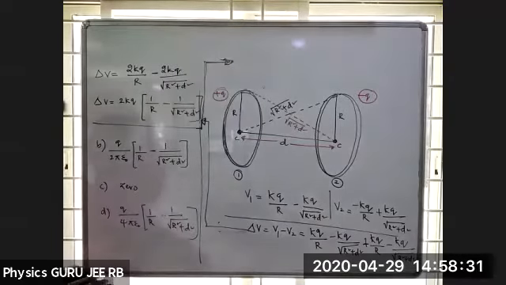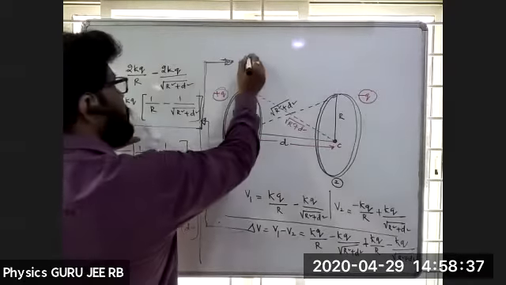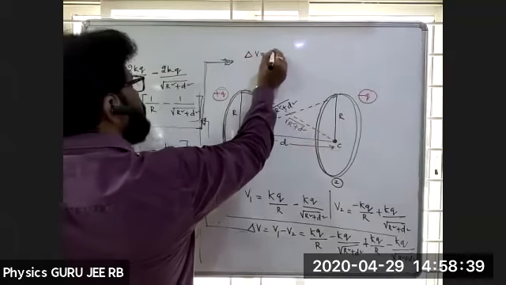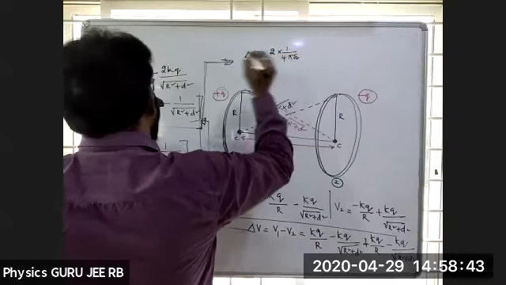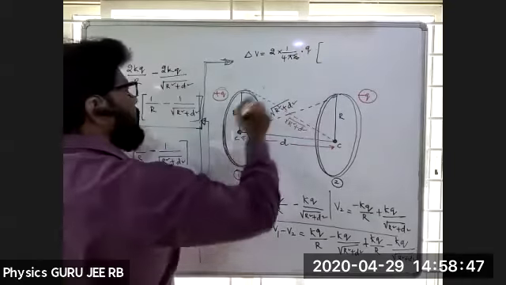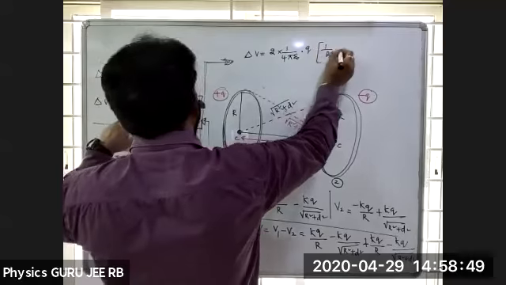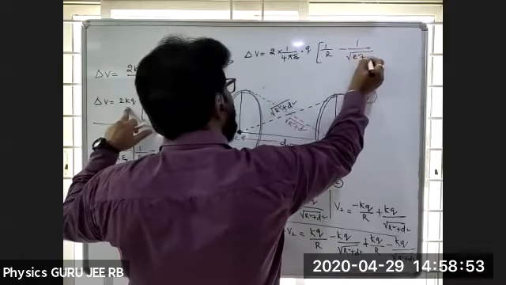Now see there. K is nothing but 1 by 4 pi epsilon naught. Simply substitute here: delta V equals 2 into 1 by 4 pi epsilon naught into Q into 1 by R minus 1 by under root of R square plus D square.